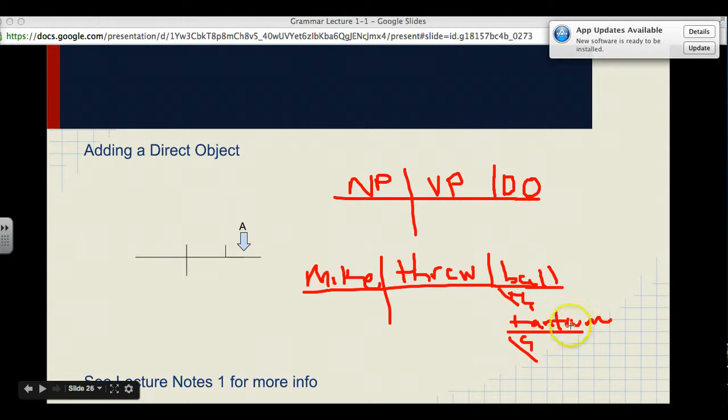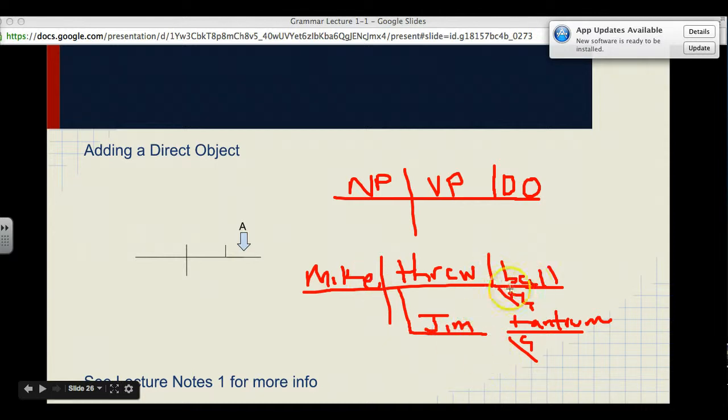Now, the other important thing to note, and this is not something that you'll be quizzed on, but might be helpful information, is you might be asking, what about a sentence with an indirect object? A sentence with an indirect object is actually going to be diagrammed below the verb. So if Mike threw Jim the ball, that's how we would diagram that.